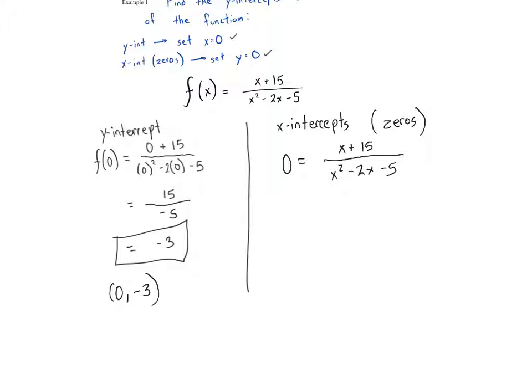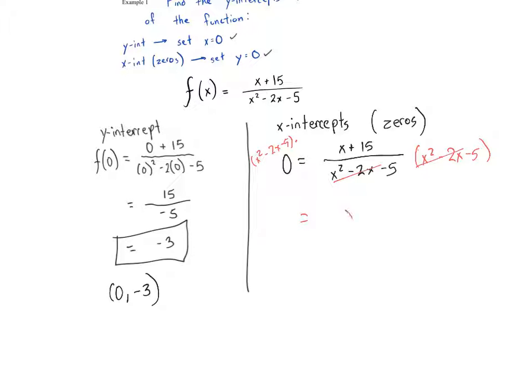How is that? You multiply that to 0. Multiply this to both sides, x squared minus 2x minus 5, and multiply to the left side. So what happens? That just totally disappears.